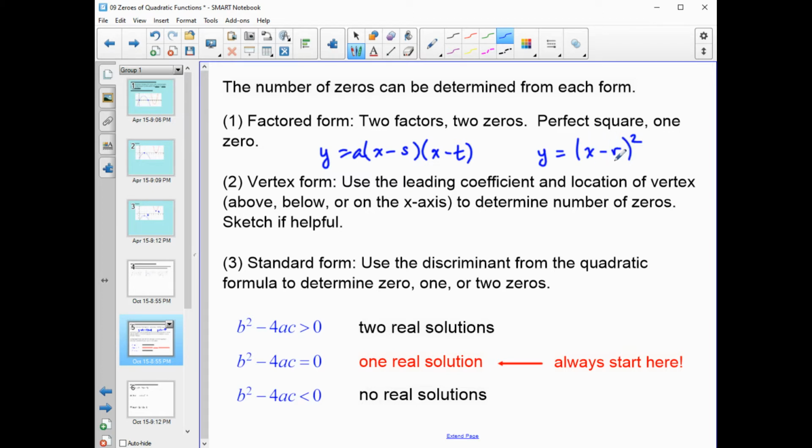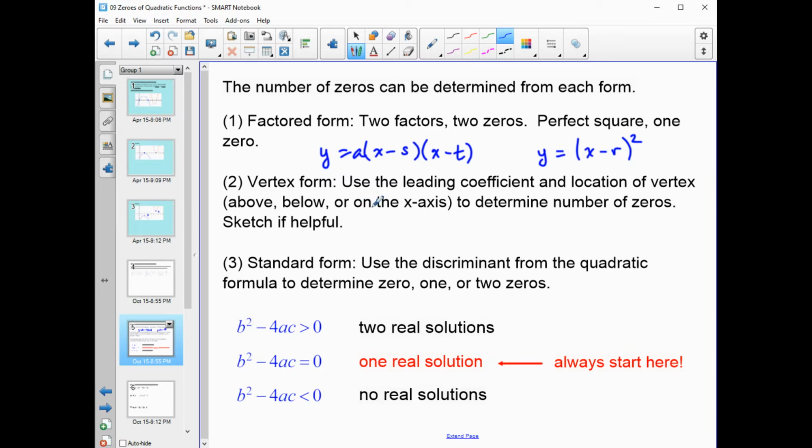That means both of the factors would be the same, which is why you end up with a perfect square. And so you only have one zero. This is the case where you have a single touching point on the x-axis, or the vertex is on the x-axis. Whereas here you have two crossings of the x-axis.